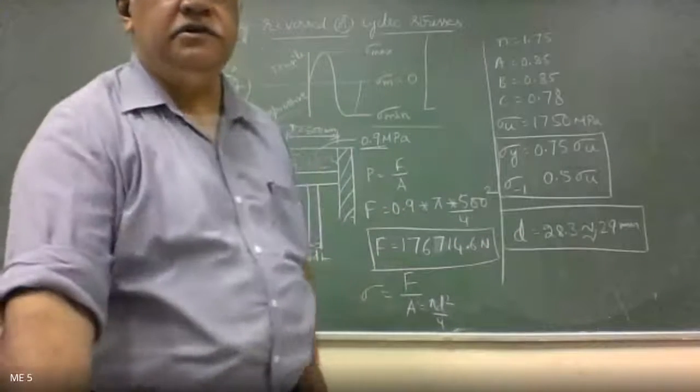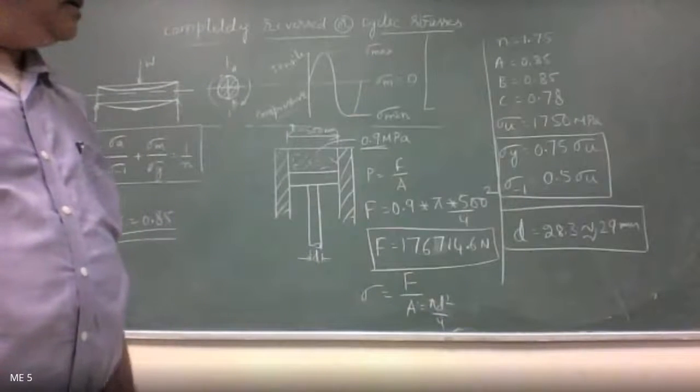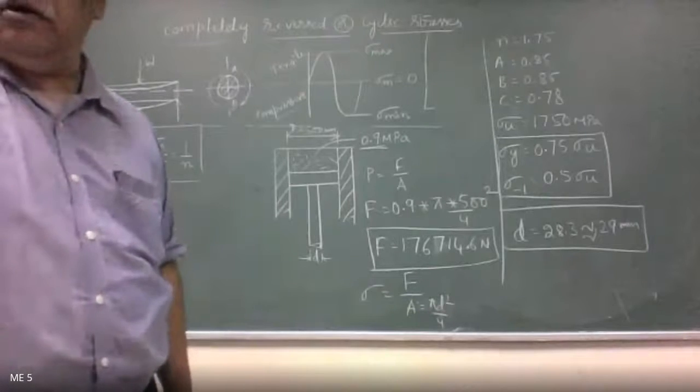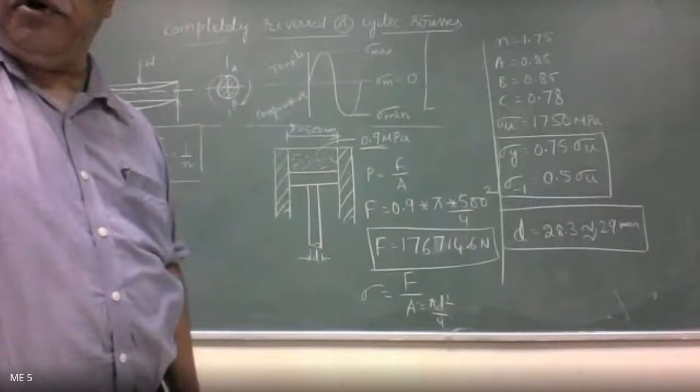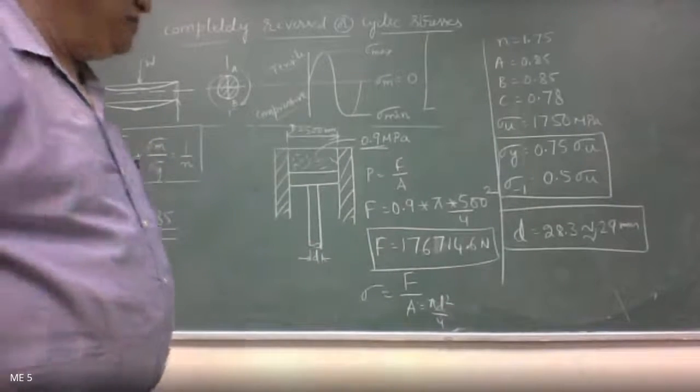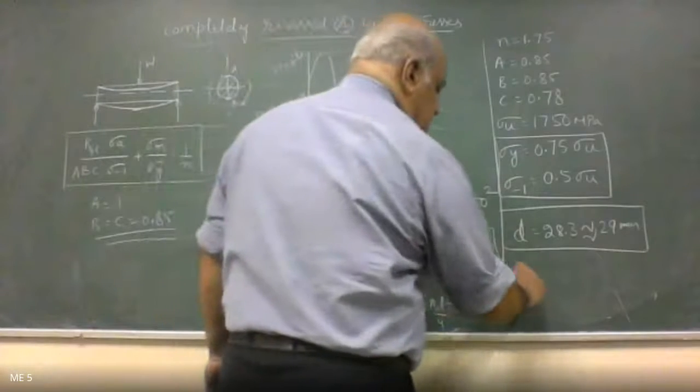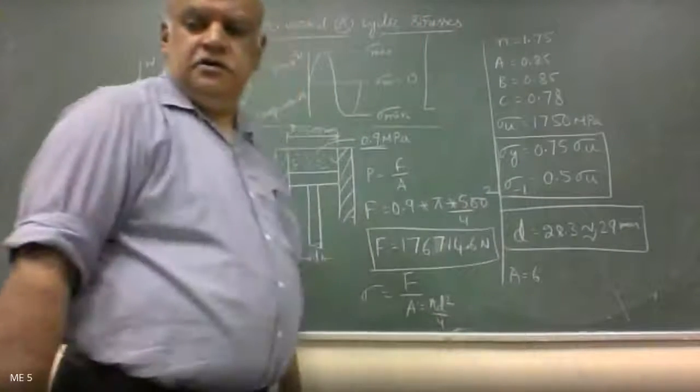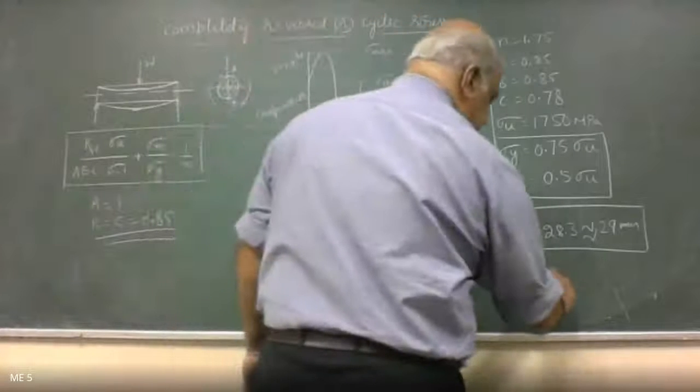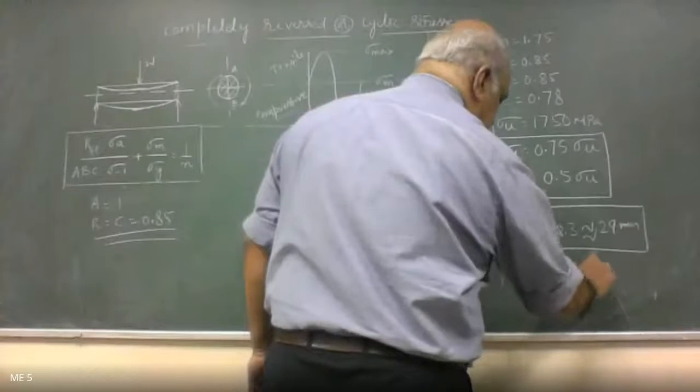Anybody, any doubt in this? So what is the area? Charishma, what is the doubt? The area is 627.15 mm square.